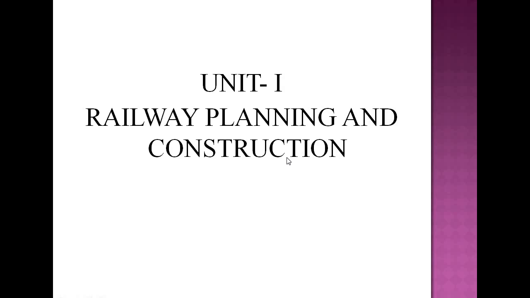So in the first unit, we have railway planning and construction. In this we have different surveys and components of the permanent way and turnout. In the second unit, we have geometric design of railways.